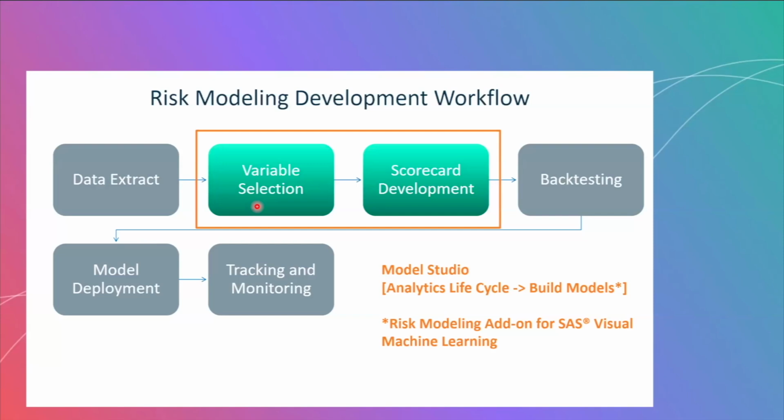Now, these activities will happen in a different application, but within the same platform of SAS called Model Studio. And for that, we'll be using an add-on called the risk modeling add-on for SAS Visual Machine Learning. Correct. So the UI of the tool is that of Model Studio, but within that, we get an add-on which allows us to have some more buttons and some more nodes rather.